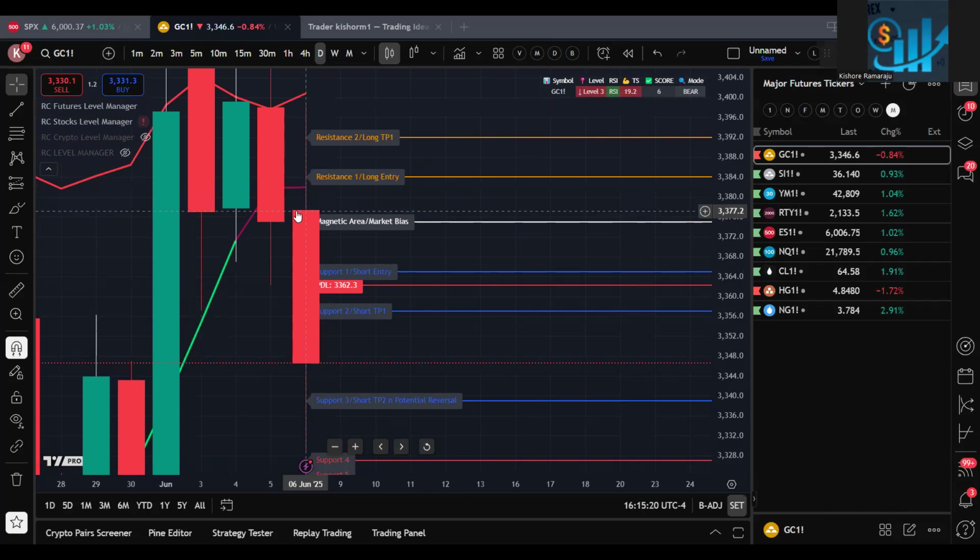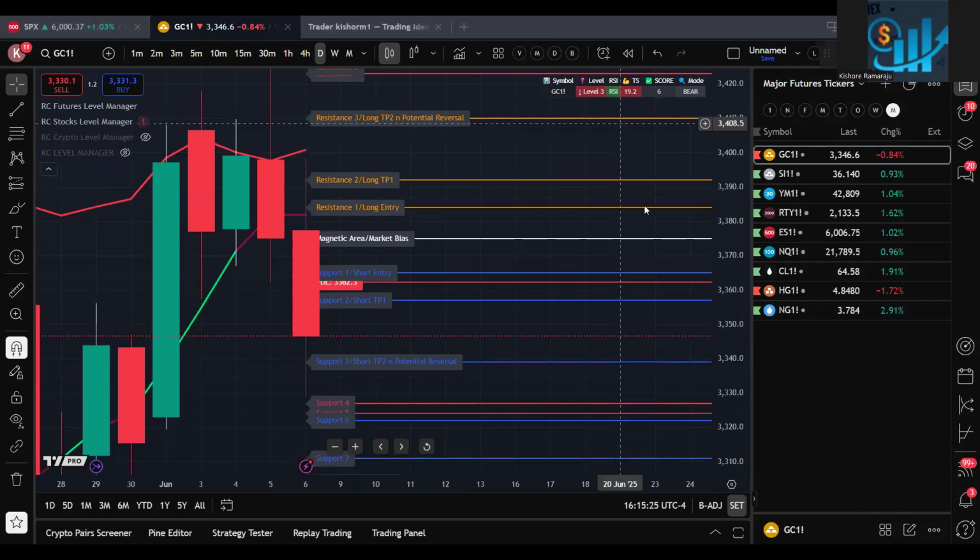Out of copper and gold, which one do you think is more bearish? Right, this is scenario five because your open was above the magnetic. That means initially gold was bullish, but by the end of the day it became bearish. So this is scenario five.